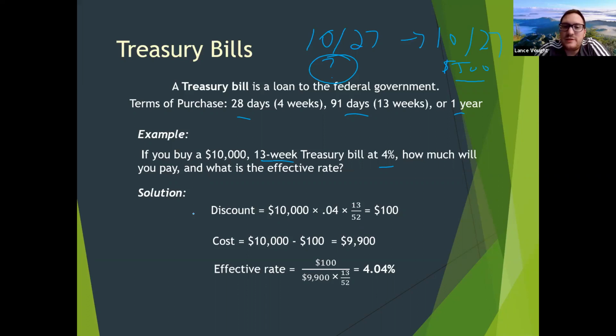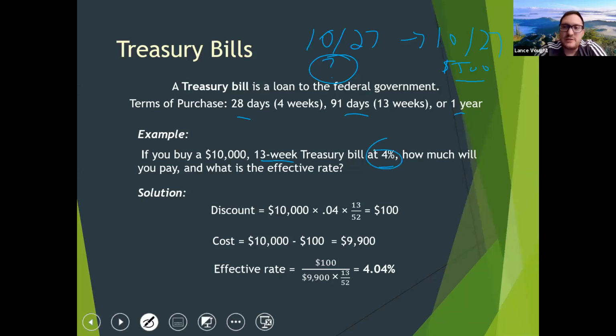So 91 days from now, or 13 weeks from now, the federal government will give you $10,000 in exchange for that money right now. So the question then is, how much do you pay them for the opportunity to get $10,000 in 13 weeks if they have chosen an interest rate of 4%?